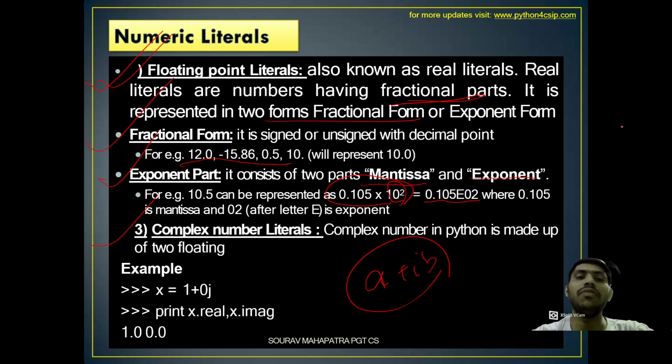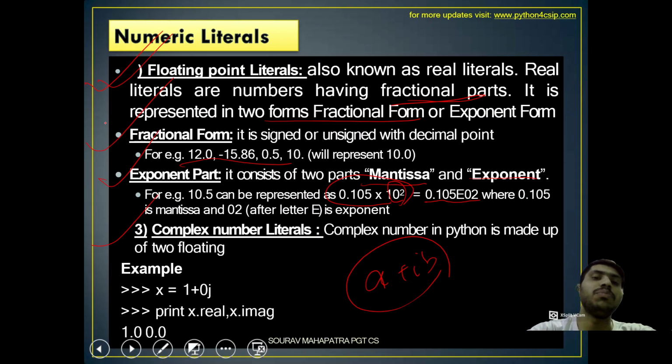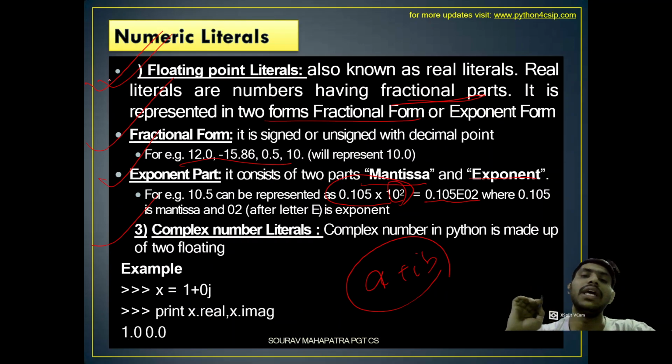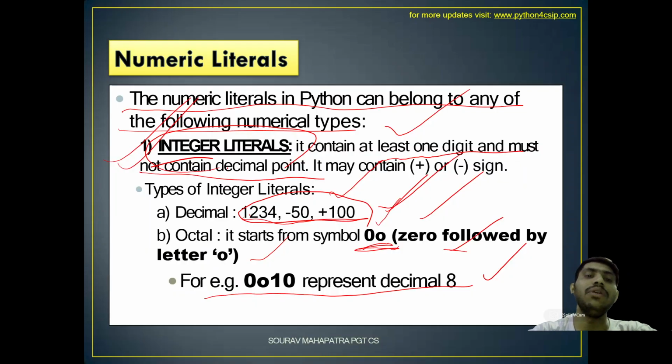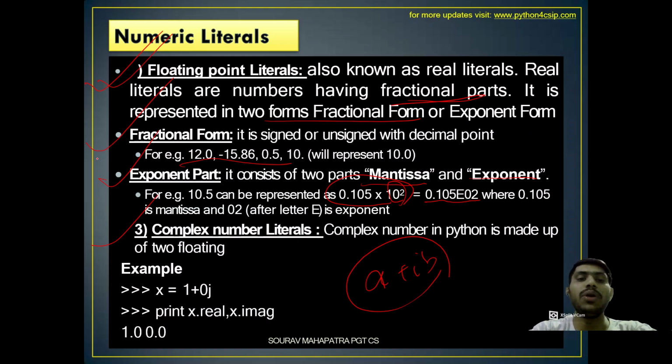This is the numeric literal part. You can see integer literal first, then floating point, then complex. Under integer literal you get decimal, octal, hexadecimal; then floating point, fractional form, exponent form; and complex number.